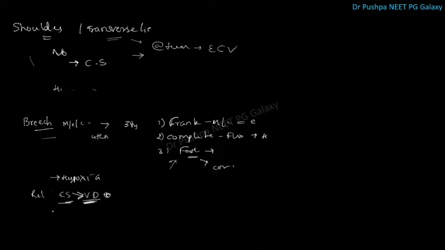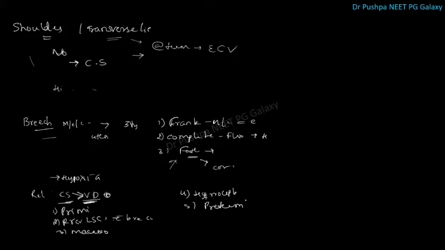What are those indications? One is primigravida, second is previous LSCS with breech in current pregnancy, third one, macrosomia, fourth one, hydrocephalus, and preterm. In these conditions, we prefer cesarean section over vaginal delivery.